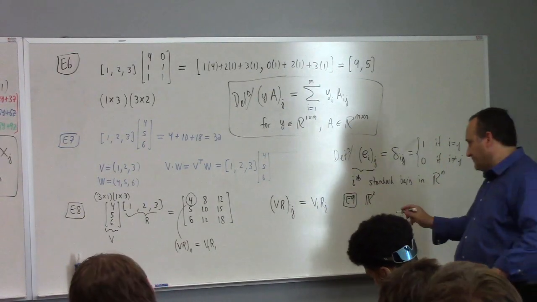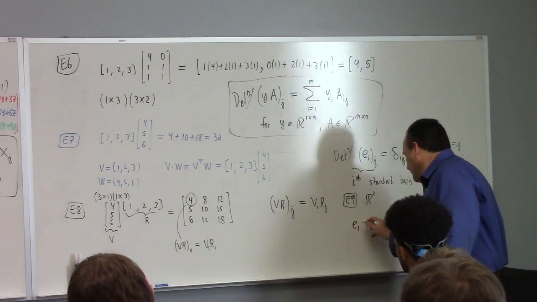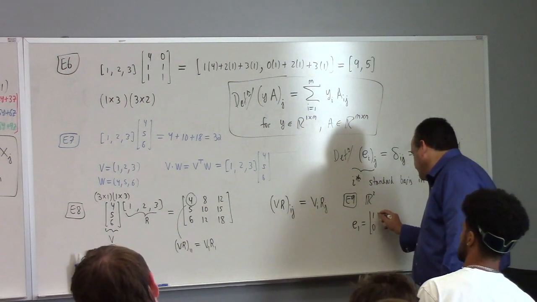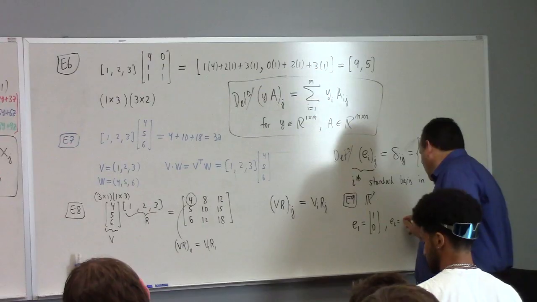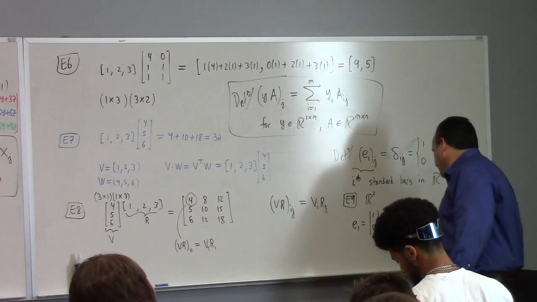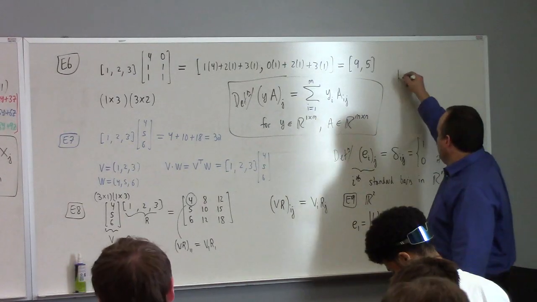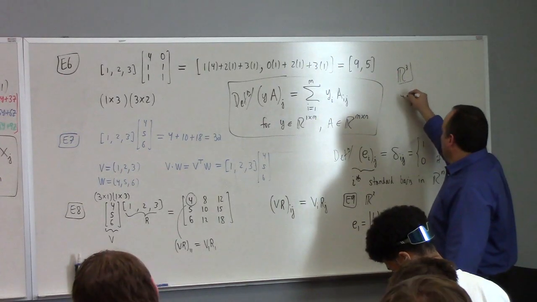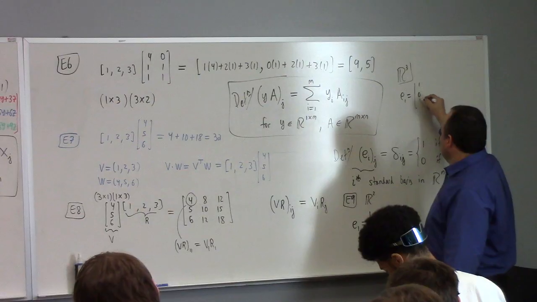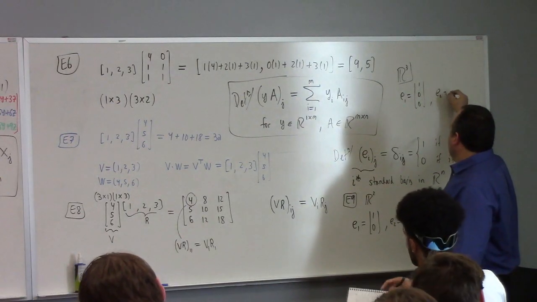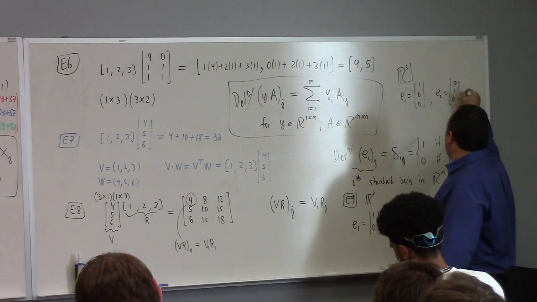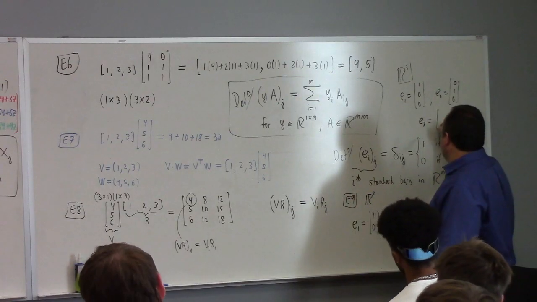So for example, in R2, you have e1 is (1, 0) and e2 is (0, 1). But if we're talking about R3, we'd have e1 is (1, 0, 0), e2 is (0, 1, 0), e3 is (0, 0, 1).